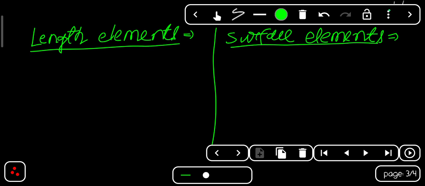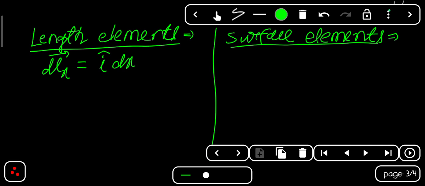If we take the length elements here, the length element will be different in different directions. In the x direction, the length element dlx vector is equal to i cap dx. Somewhere i cap can be noted as x cap also.